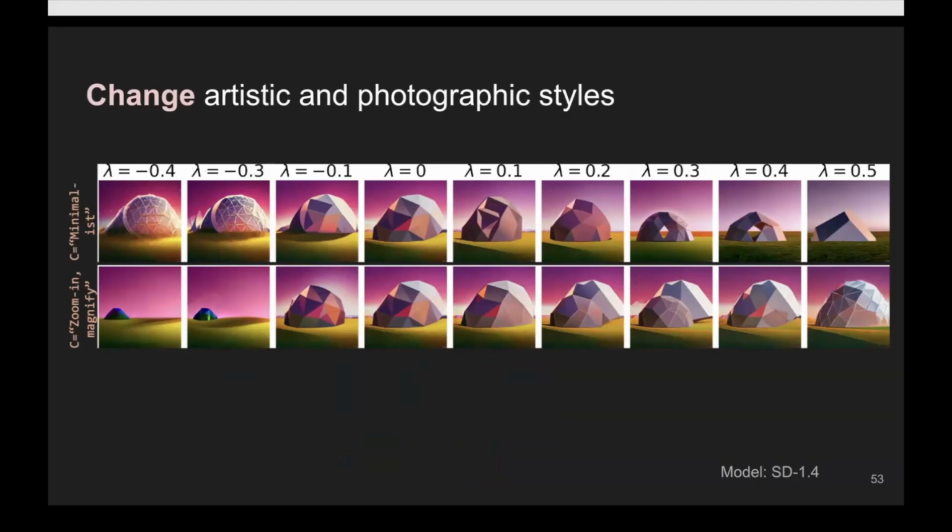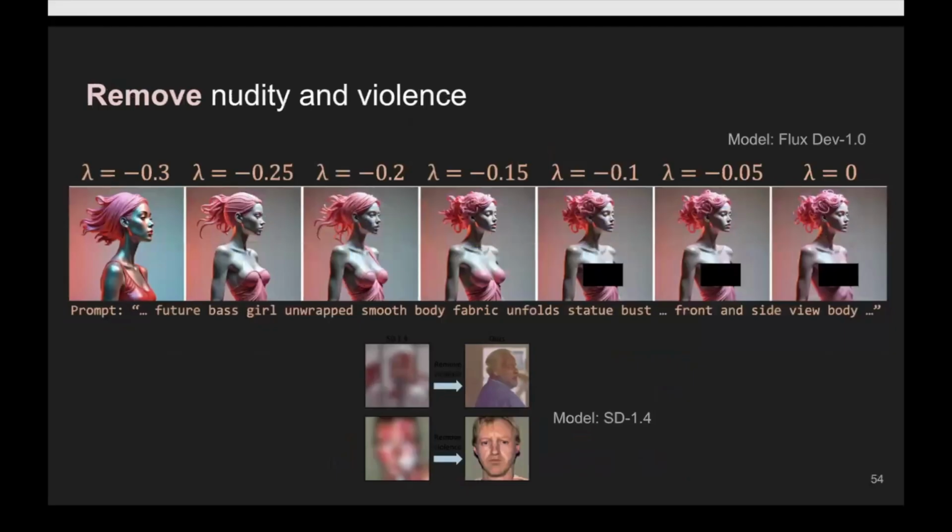If you want to steer something towards a concept, then the steering strength had to be higher. Again, the concept that we wanted to steer it towards was to make the style more minimalistic. The previous result was on Stable Diffusion 1.4, and this was on Flux. Again, we just wanted to see if this is generalizable across different architectures. And because the KSAE was trained in a standalone fashion, it was architecture agnostic.